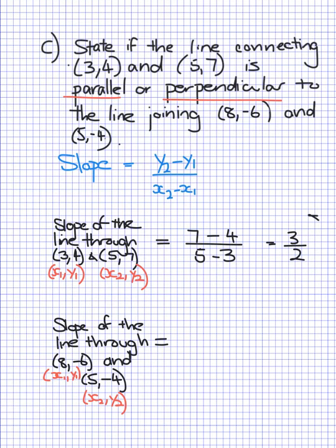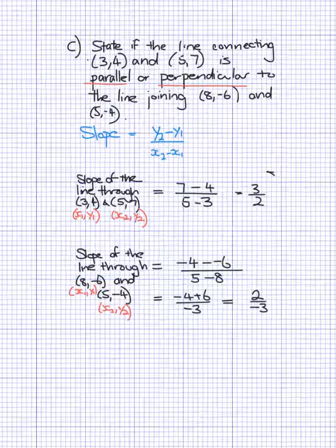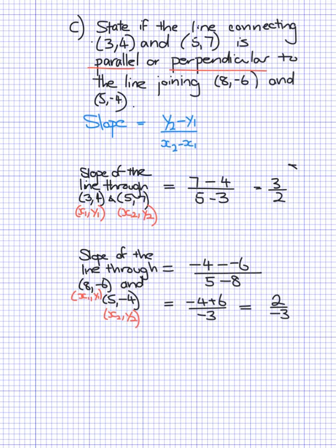The slope of this line, well, y2 is -4, y1 is -6, so I'm going to do y2 minus y1 over x2, which is 5, minus x1, which is 8. So I get -4 plus 6 over 5 take 8, which is -3. So that's going to give me 2 over -3. Now that I've done that, I can compare the slopes. So 3 over 2, is that equal to 2 over -3?